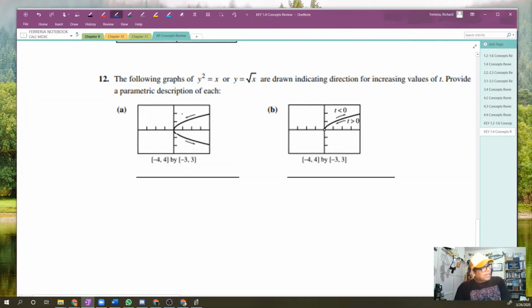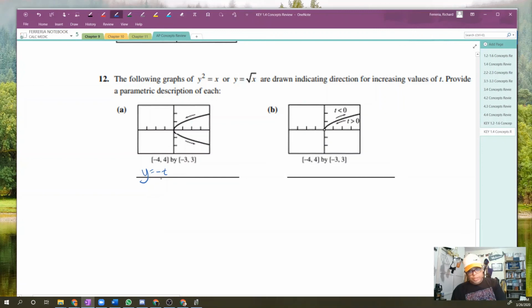As I take a look at letter A, I notice that as t increases, the y-coordinate gets smaller and smaller. So one way to make the y-coordinate decrease as t increases would be to simply make the y-coordinate equal to negative t.